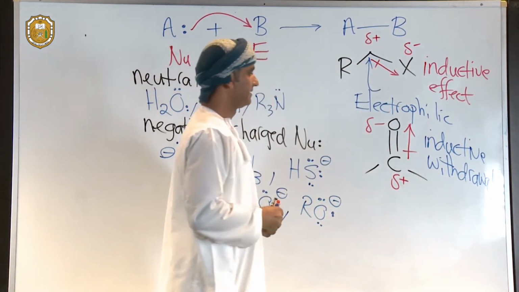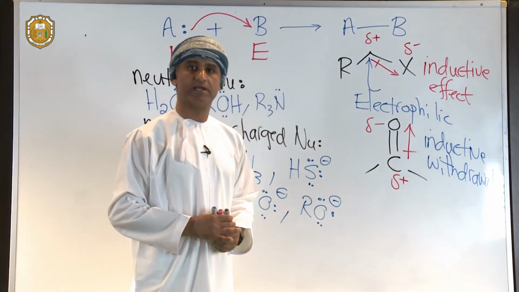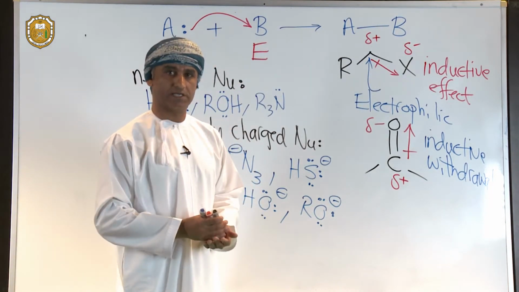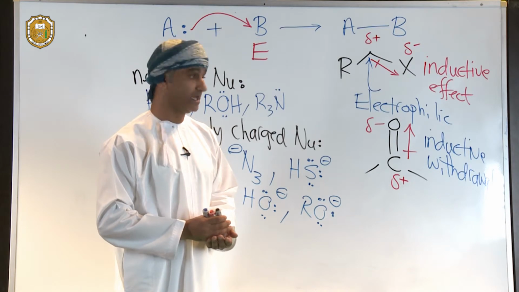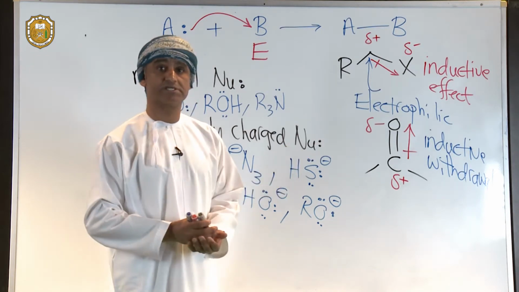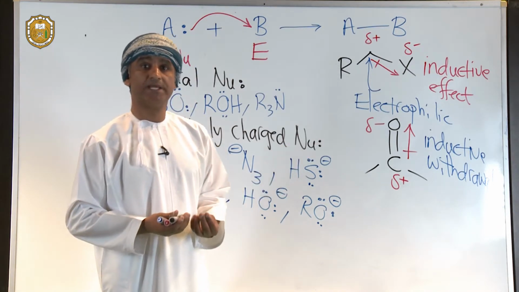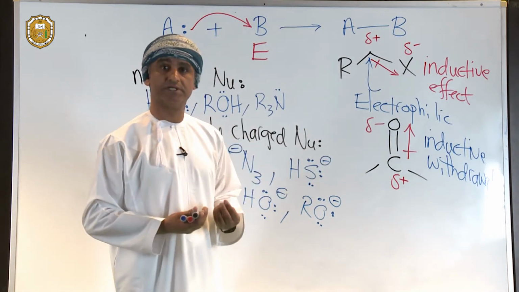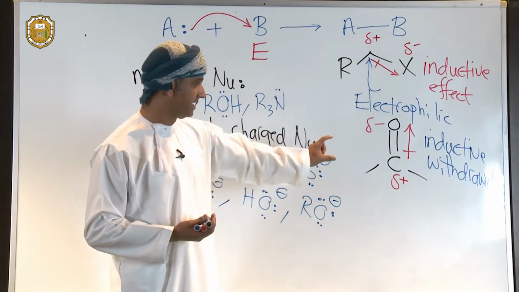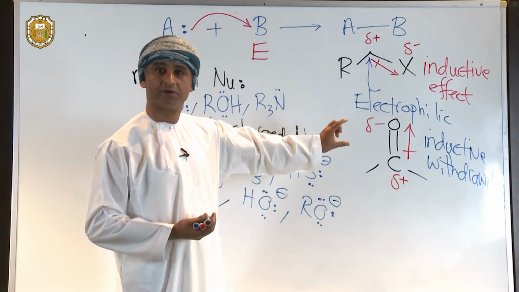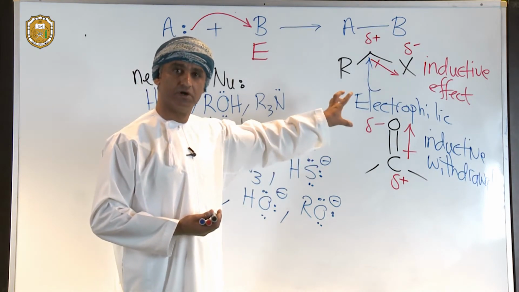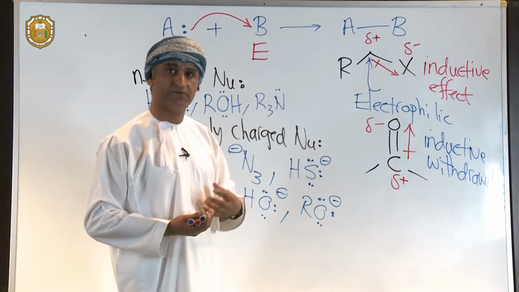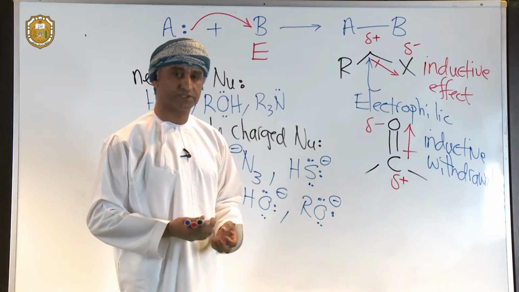So this makes carbon in the carbonyl group of all carbonyl compounds electrophilic. But that's not the only reason, obviously. We can also illustrate the electrophilicity of that carbon using resonance. So we can actually break the carbon-oxygen double bond, releasing electrons to oxygen, and this would leave an isolated positive charge on carbon.